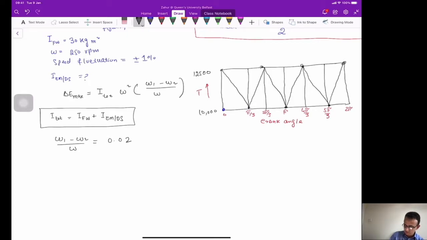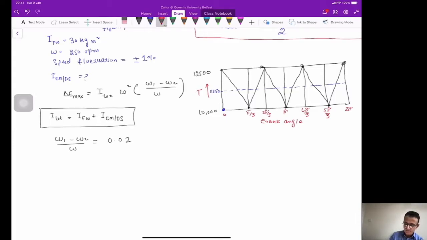So this is how the torque diagram looked for this specific case. And we also managed to calculate the mean torque, which was in between the 2 points, and the mean torque was 11,250. So 11,250 was this point here.